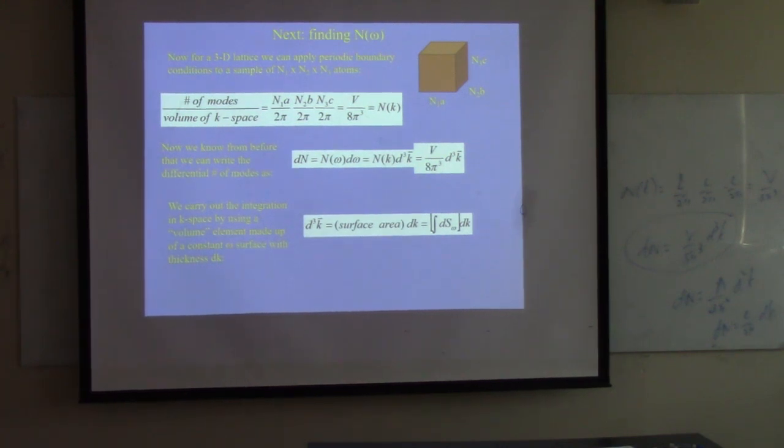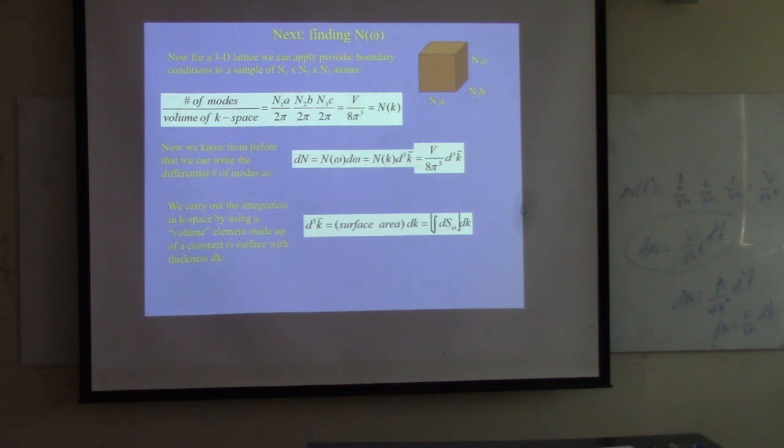In the three-dimensional case, you have area in k space times dk. In the two-dimensional case, you have perimeter times dk, right?